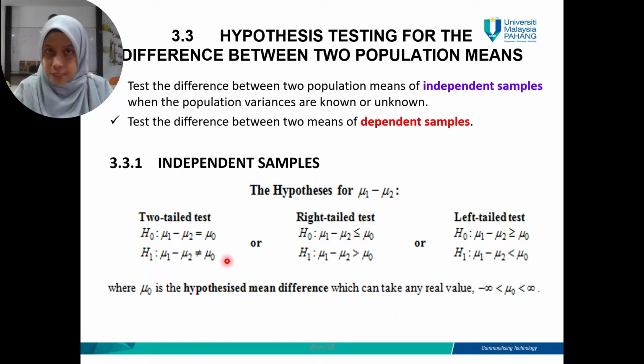If you think you're still not strong in chapter 3.2, if you still don't understand how to conduct the hypothesis testing and do all the 5 steps, then I would suggest that you stop watching this video, go back to chapter 3.2 and do a few exercises, okay?